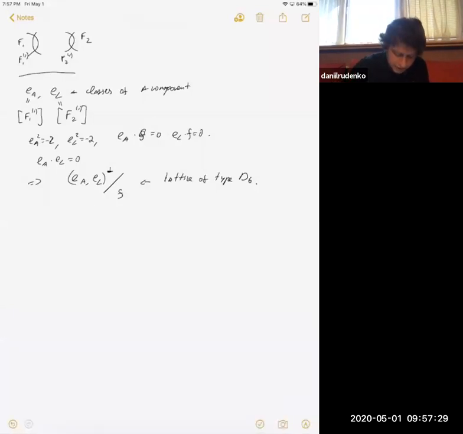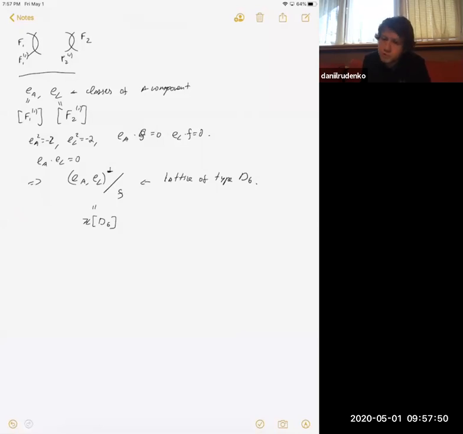So let me denote this lattice like Z of D6. Okay, so so far nothing happens, but then let's think about this moduli space of these rational surfaces with these properties. So it has dimension 6, and it will be interesting to introduce some parameters there.